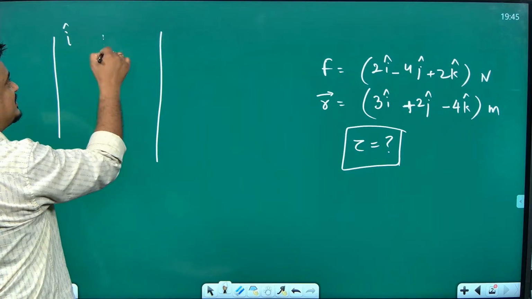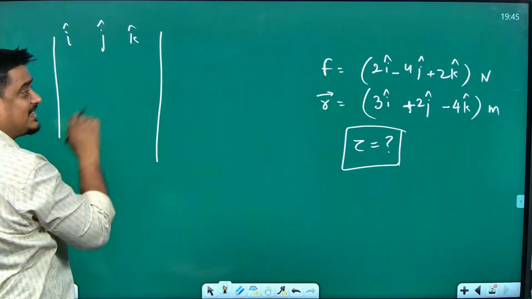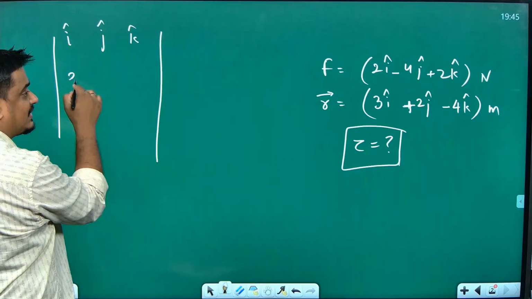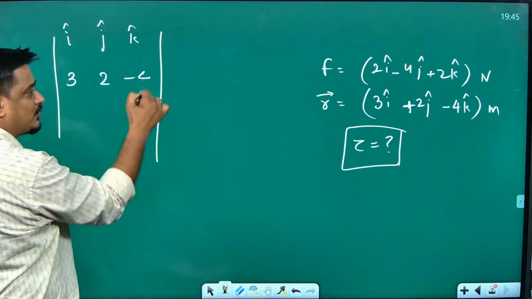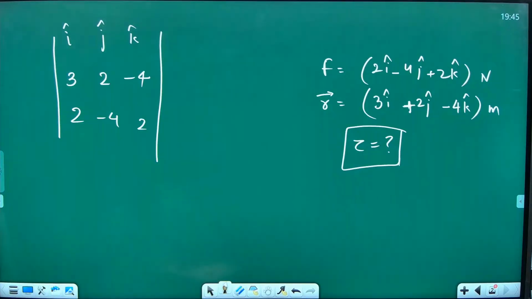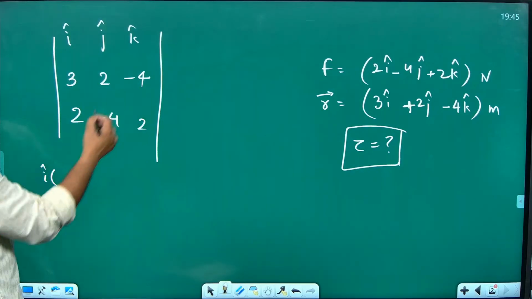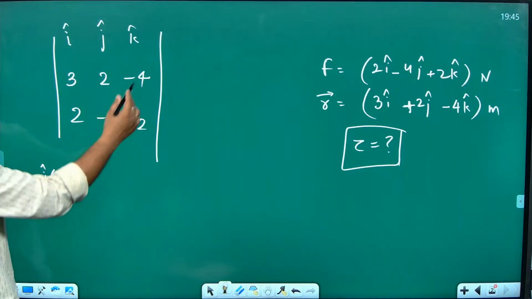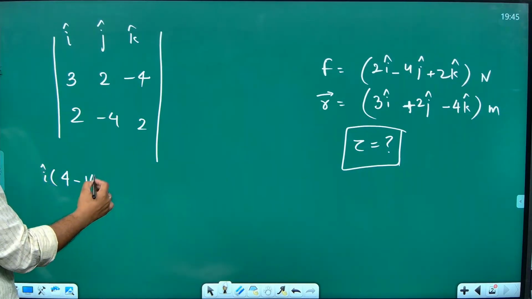i, j, k. It is r cross F. So first I will write r: 3, 2, minus 4. F is what? 2, minus 4, 2. Then I will do i cap, this minus this, so it will become 4 minus, it will become 16.